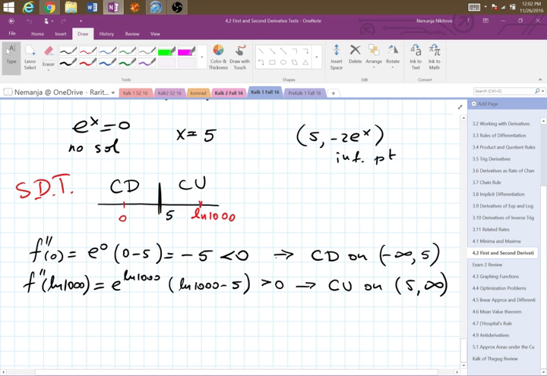And now, the conclusion is right here. Concave down on negative infinity to 5, which is the x interval, and then again x1, x2. So from 5 to infinity on x-axis, from 5 to infinity is concave up.